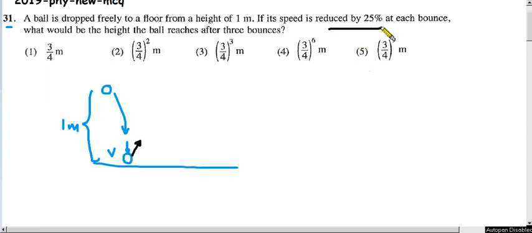Let's use this data that they have given. Speed is reduced by 25%. That is a percentage. That we can write as 1/4 is reduced. 1/4 of initial velocity is reduced. But what we want here is not the velocity that is reduced, what we want is the remaining velocity.